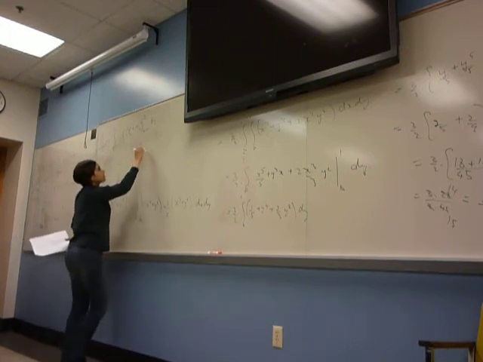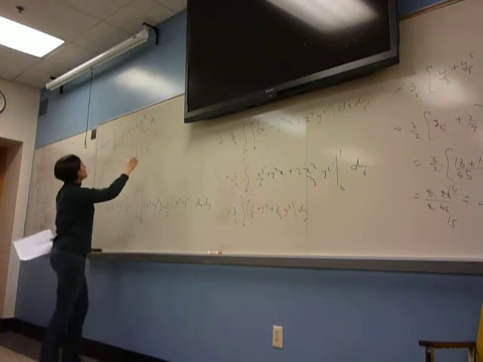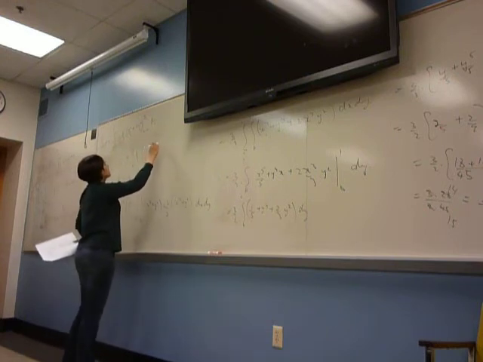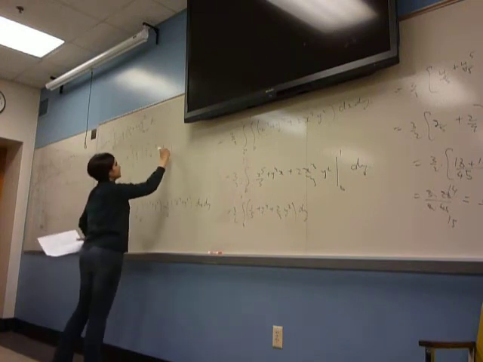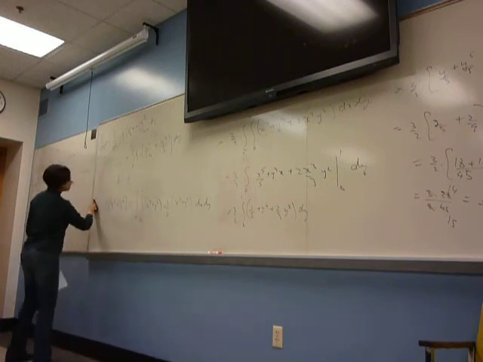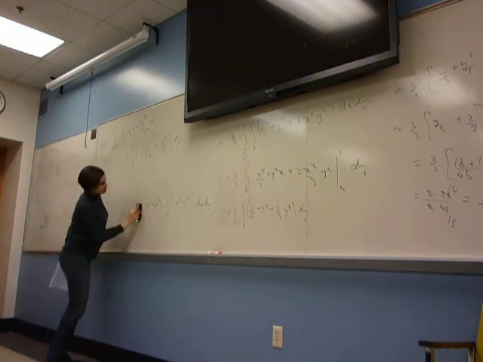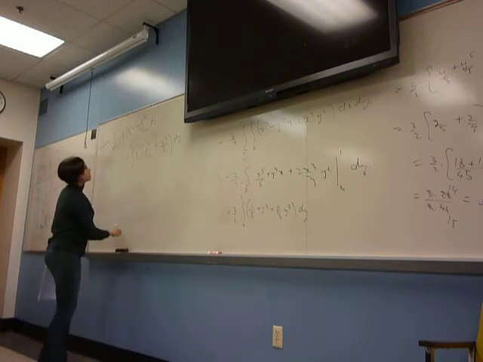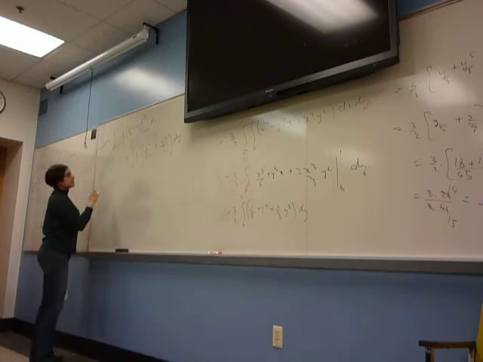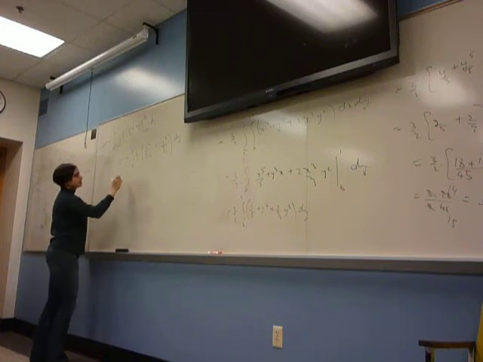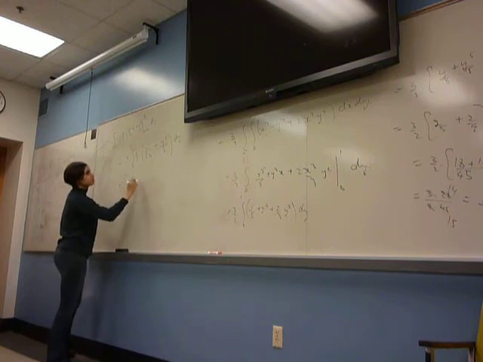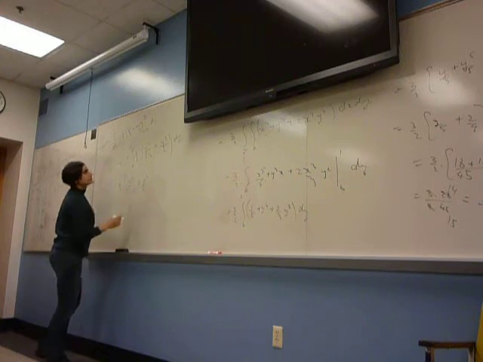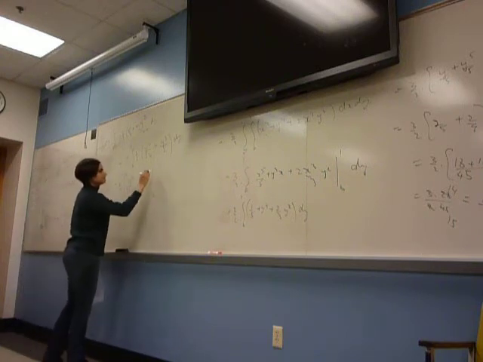Let's plug in, you get y cubed over 8 times 3, that's 24, plus y cubed over 2. And when I plug in x equals 0, that's it. And I integrate this, I get y to the fourth over 4 times 24, plus y to the fourth over 8, from 0 to 1.